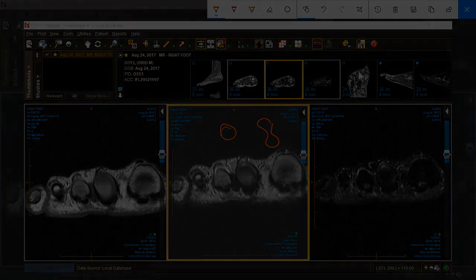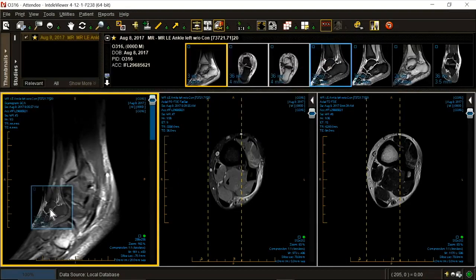Shall we look at another? Let's go up with the sagittals.